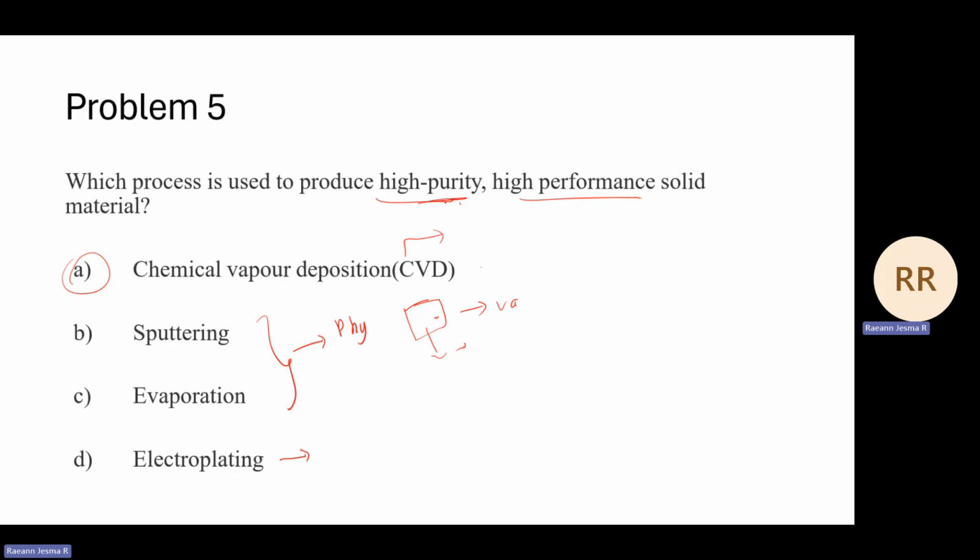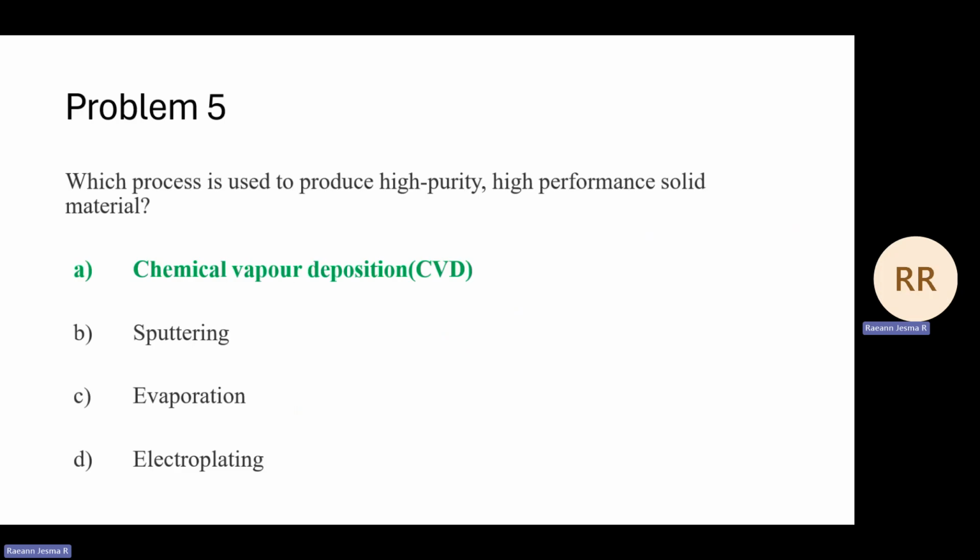So with this, you can get very high purity and high performance solid material, especially semiconducting materials. So the answer is chemical vapor deposition.